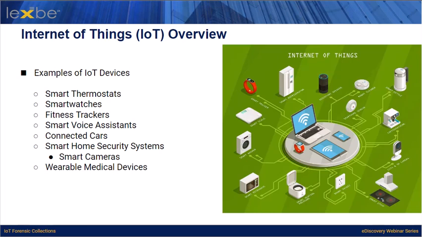Connected cars are another one that are considered Internet of Things. Cars these days, especially the very high tech ones and these electric cars coming out, have their own computers and systems within them that can do amazing things: drive themselves, send you information.